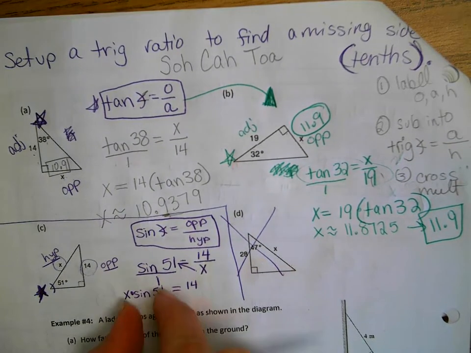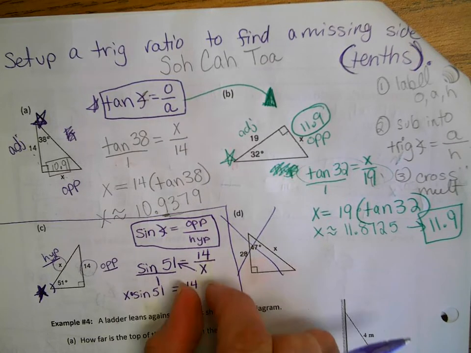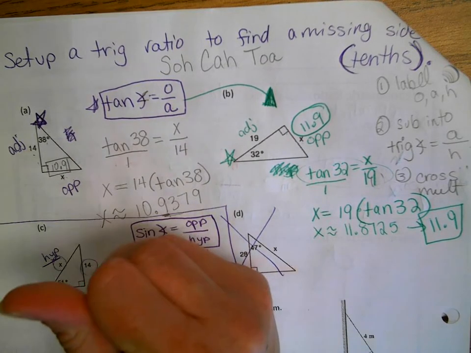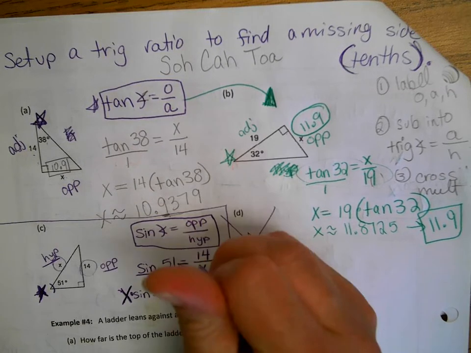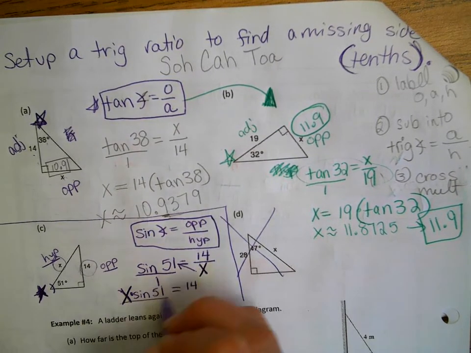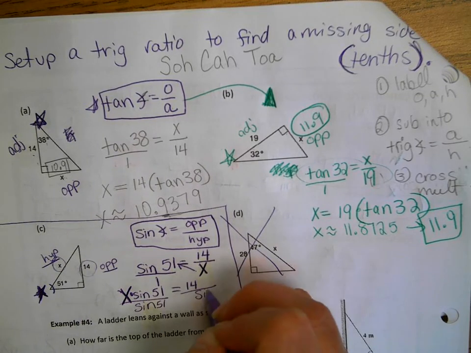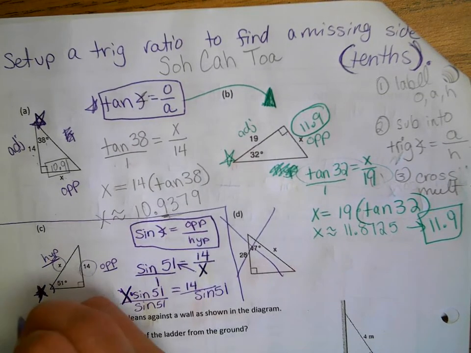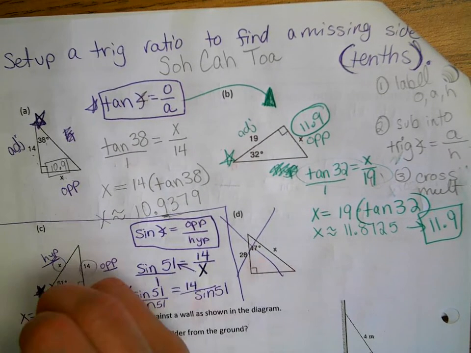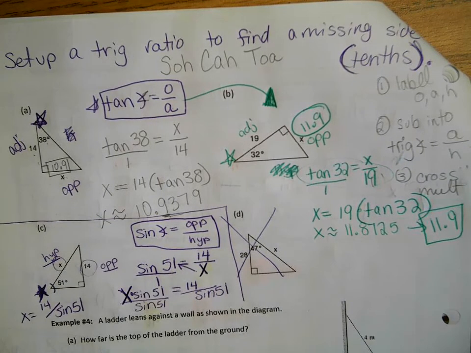Now remember, sin 51 is some decimal value we don't have an exact answer for. So we need to get rid of that on each side so that x stands alone. So again, we're trying to solve to get x alone. That's the side we're looking for. So we're going to divide both sides by sin 51. So x equals 14 over sin 51.